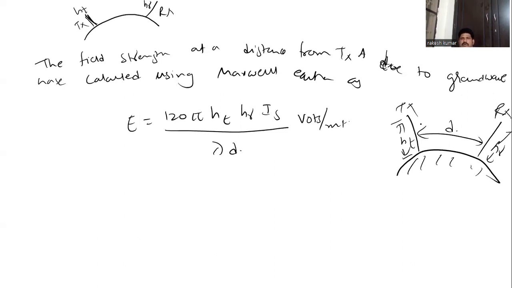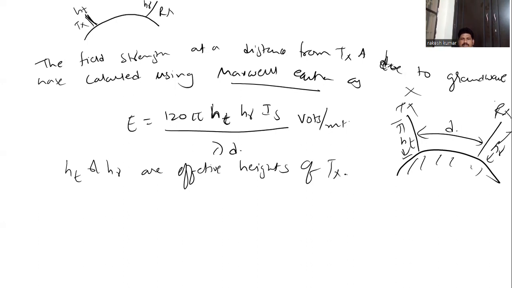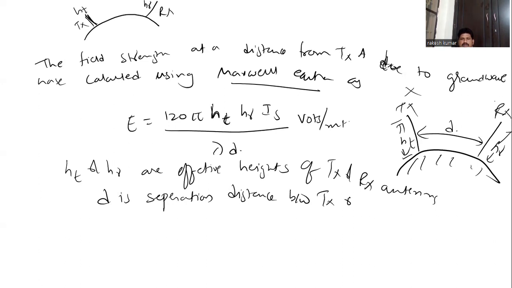So how much electrical field signal will I get from the transmitting antenna at the receiver? It is given by Maxwell's equation, that is 120 pi into HT into HR, where HT and HR are the effective heights of the transmitting and receiving ends. And D is the separation distance between the transmitting and receiving antenna.